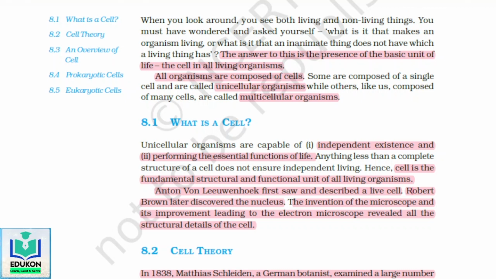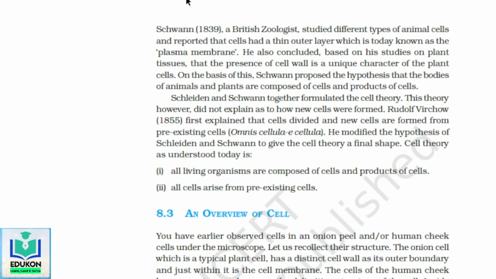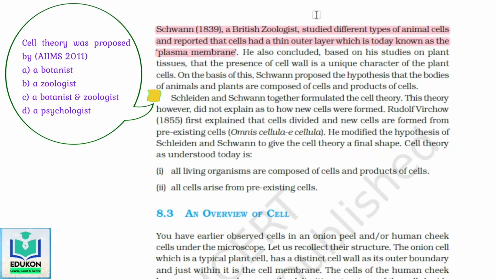During the same time, Theodor Schwann, in 1839, a British zoologist, studied different types of animal cells and reported that cells had a thin outer layer which is today known as the plasma membrane.